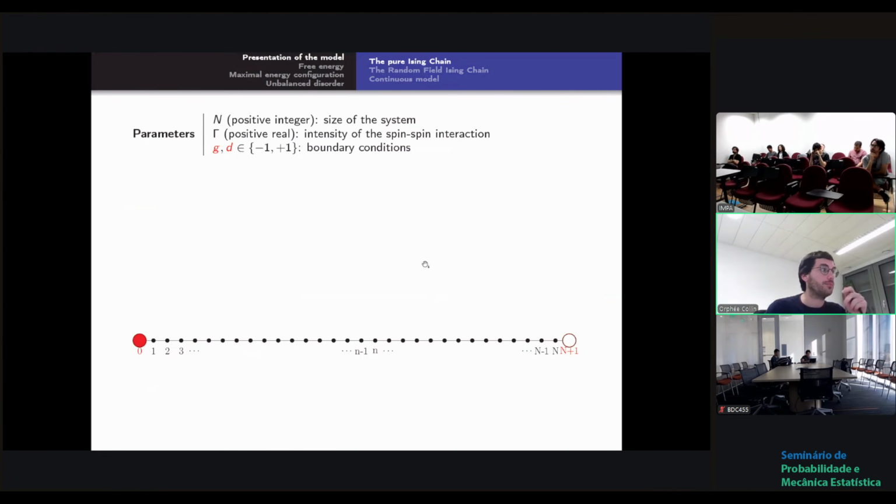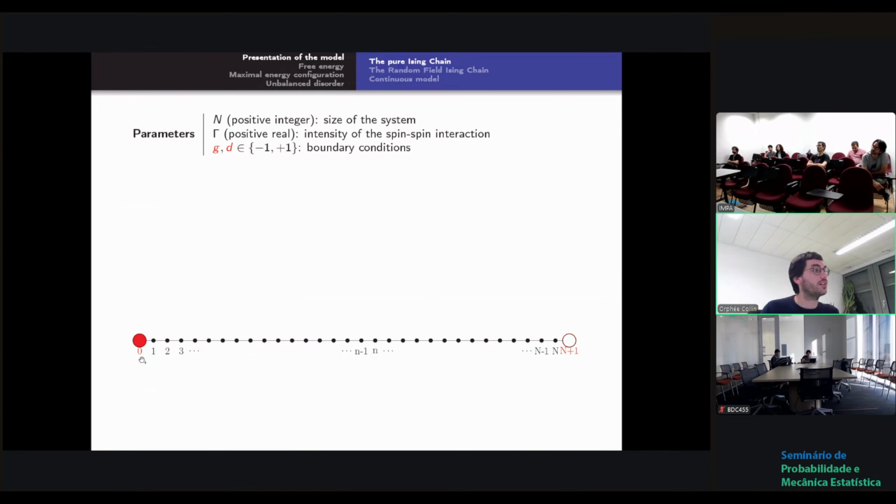So we have a system of size N, so capital N sites numbered from 1 to N. Gamma is going to be the intensity of the spin-spin interaction, and we are going to consider fixed boundary conditions. So G and D are values in -1 and +1.